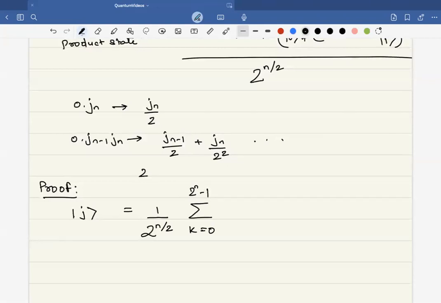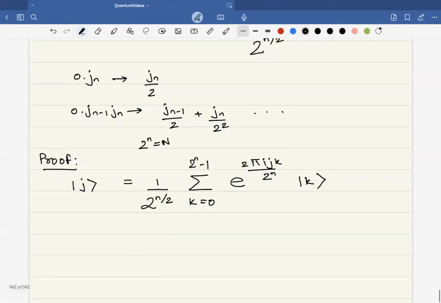We'll always assume 2 to the power n is equal to capital N, e to the 2 pi i jk over 2 to the power n, and k. So now I'm going to go to the qubit representation. I'm going to write k as some k1, k2, kn, right?